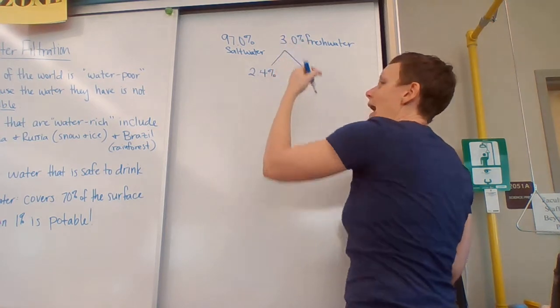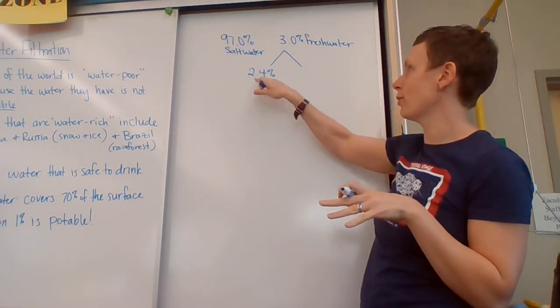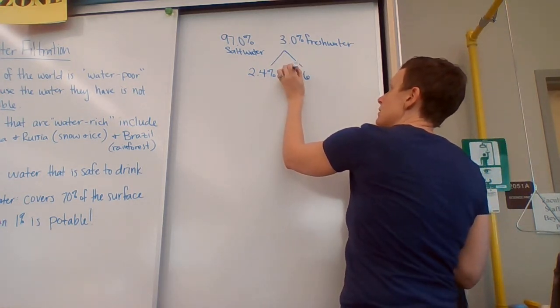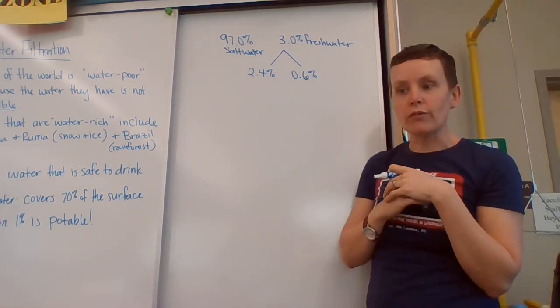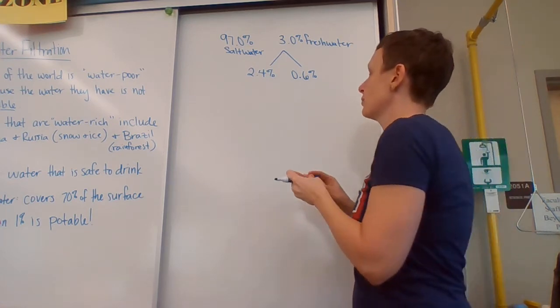2.4% out of the 3. So it's not 2.4% of 3, it's 2.4 out of the 3, which leaves only 0.6% left. 0.6% here, okay? All right, that 2.4%, most of our fresh water is frozen.